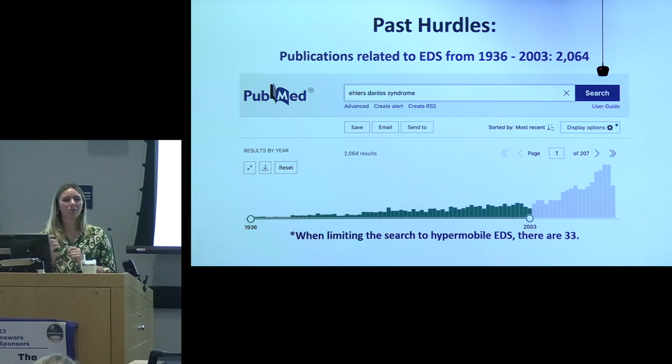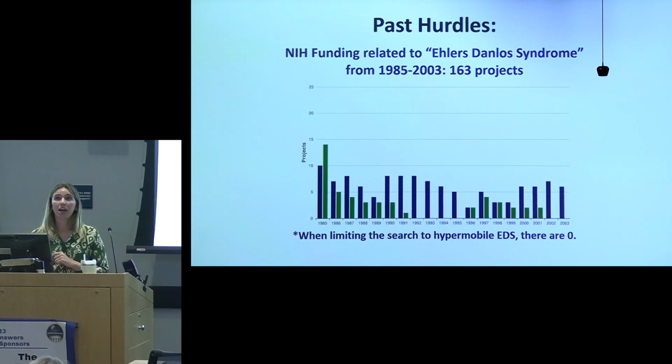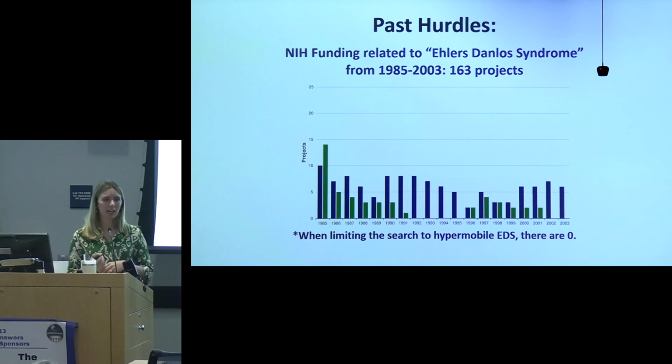And there's only 33 that are focused on hypermobile EDS before 2003. When you look at NIH funding, from 1985 to 2003, there are 163 projects that mention Ehlers-Danlos syndrome somewhere in their grant application. So they might say, we're studying aortic aneurysm, and it occurs in EDS, and so that comes up in the search. When you focus just on hypermobile EDS, there are 0.